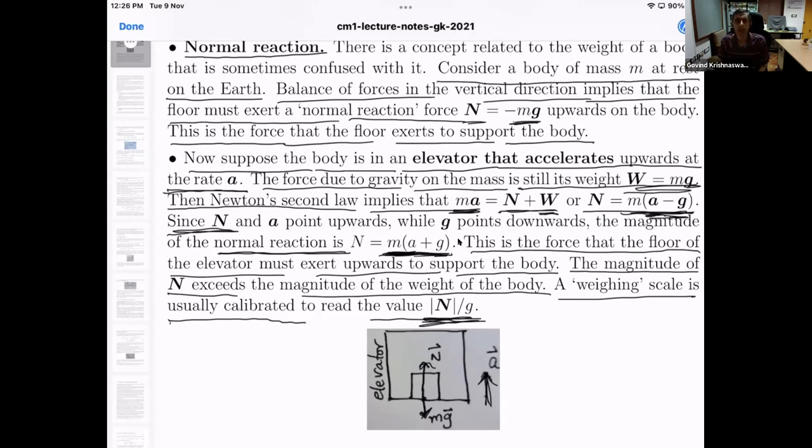So anyway, this is a simple use of the ideas of normal reaction and weight and Newton's second law. So I hope this is clear.